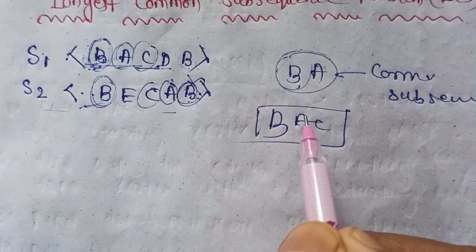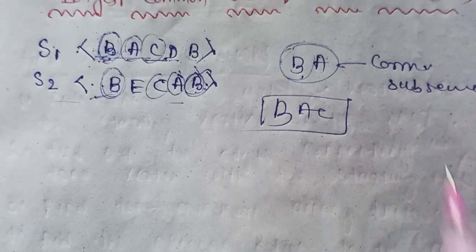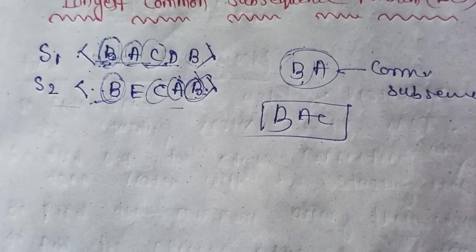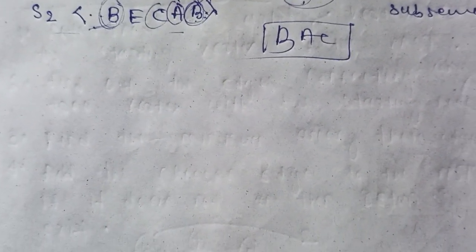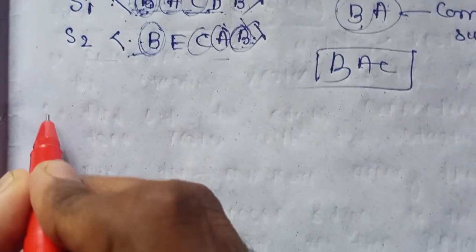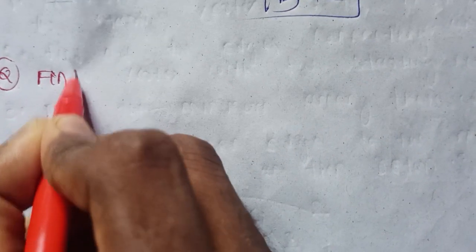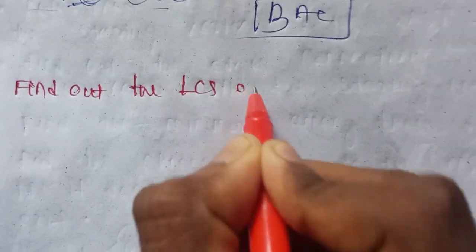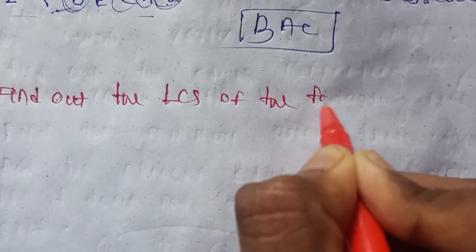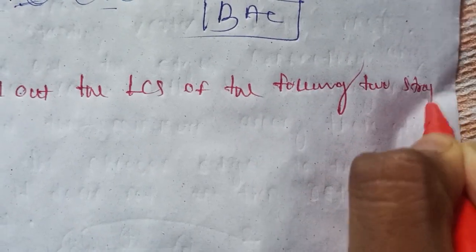Clear? Okay. So with the help of another example, we can find out how to solve the longest common subsequence problem in our question. Let us assume the question is to find the LCS of the following two strings.